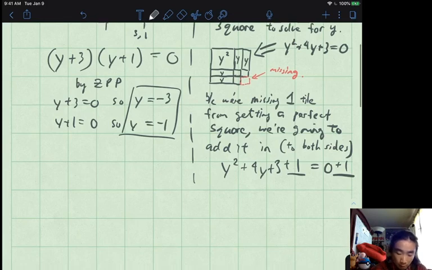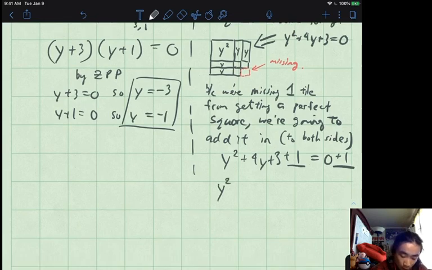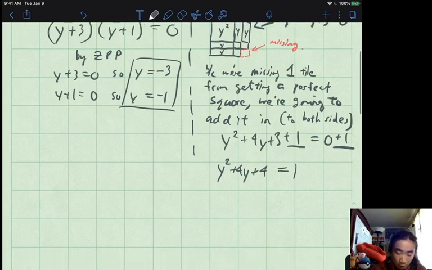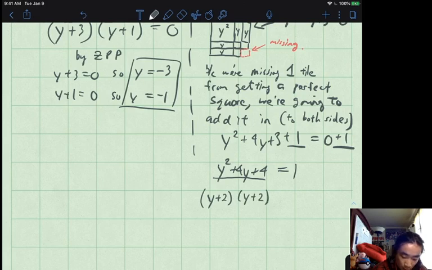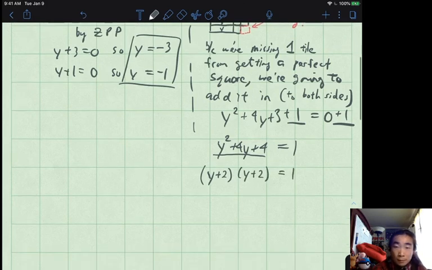And now, at this step, we have y squared plus 4y plus 4 equals 1. Without leaving the 1 on the right-hand side over here, we're going to factor this stuff. It becomes (y plus 2) squared equals 1. And we can rewrite that: y plus 2 squared equals 1.